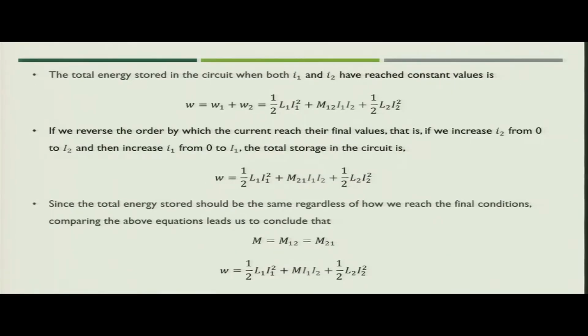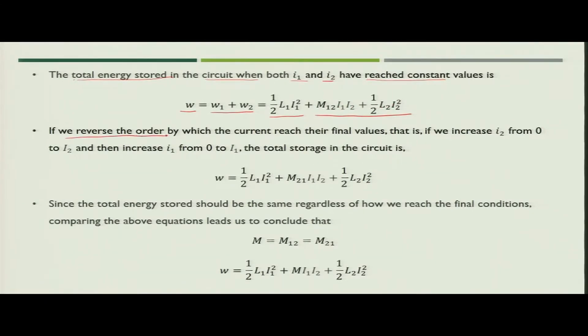The total energy stored in the circuit, when both I1 and I2 have reached their constant values, will be W1 plus W2, which becomes half L1 I1 square plus M12 I1 I2 plus half L2 I2 square.